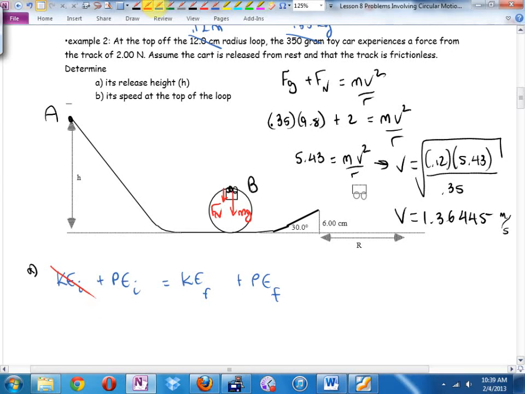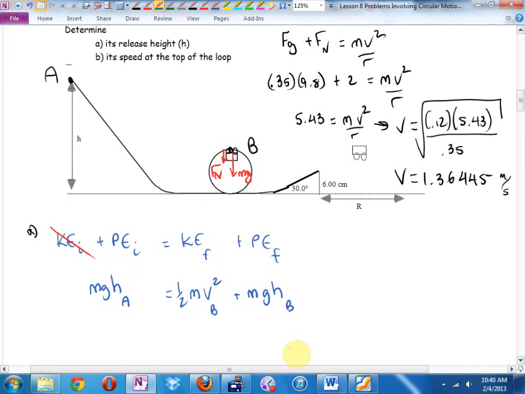This is going to be mgh, and that's really at location A, equals a half mv at location B squared plus mgh at location B. Yay! Mass cancels. I don't think the G is going to cancel this time, though.